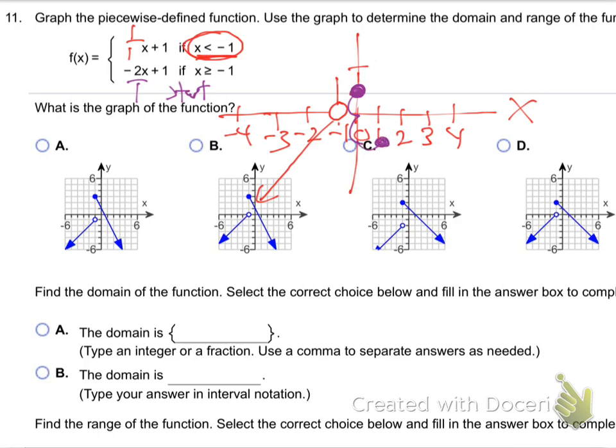Right there. Connect the dots. And we're supposed to go all the way greater than or equal to -1. Anywhere right of negative 1. So you're supposed to go all the way back to here, actually, and stop right there. Because anywhere -1 or to the right on the x-axis. That's what it says. Solid dot, because it's greater than or equal to -1. Is that okay? Is that making sense?